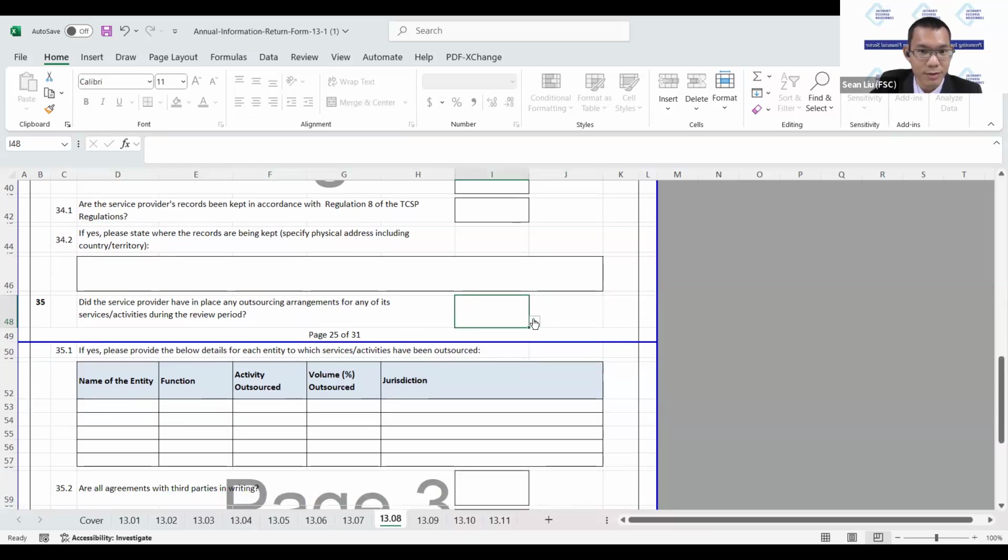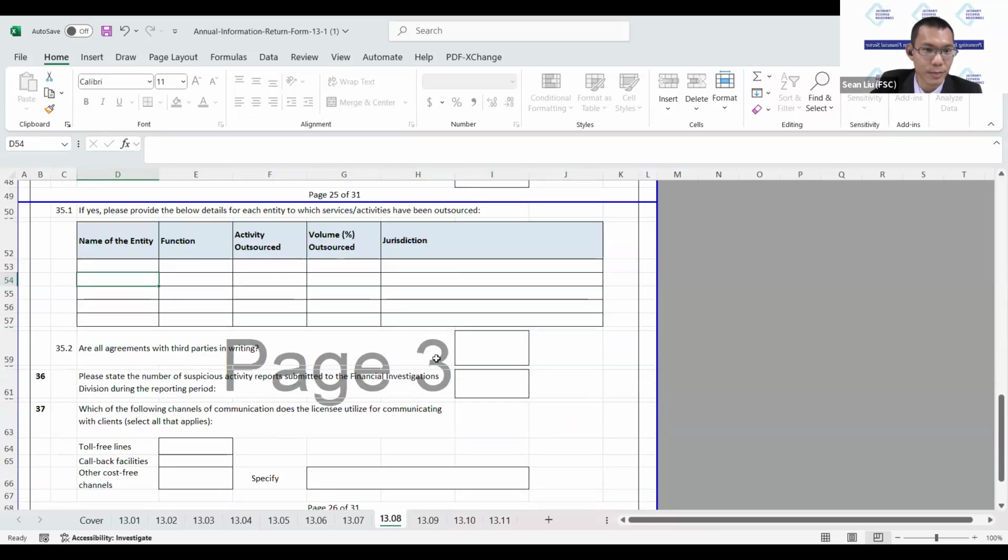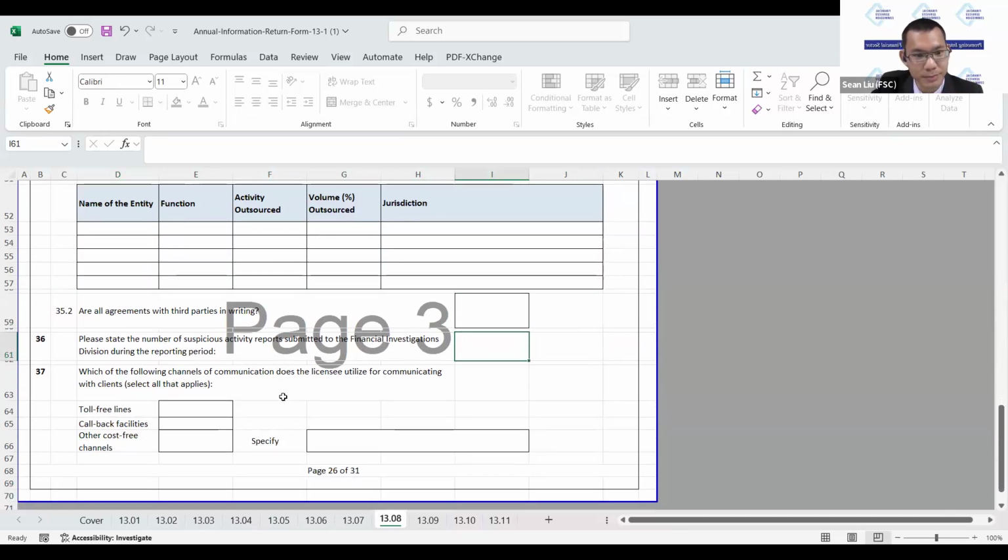If you have outsourcing arrangements, we ask you to provide the details in section 35(1) here. We also ask if you have all your agreements in writing. And we ask if you ever reported any suspicious activities during the reporting period.